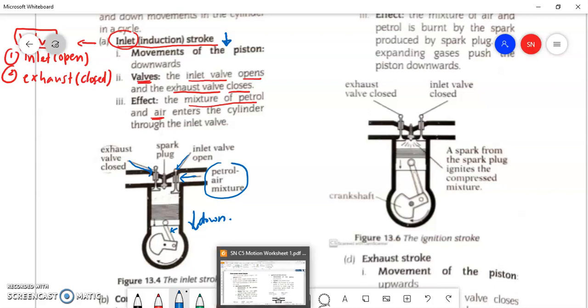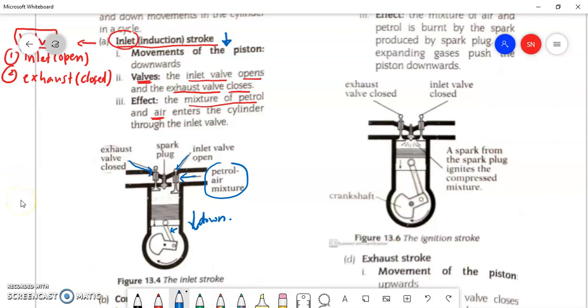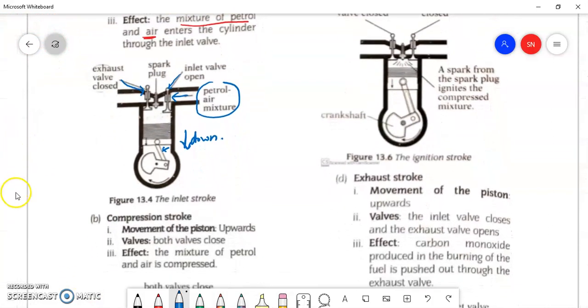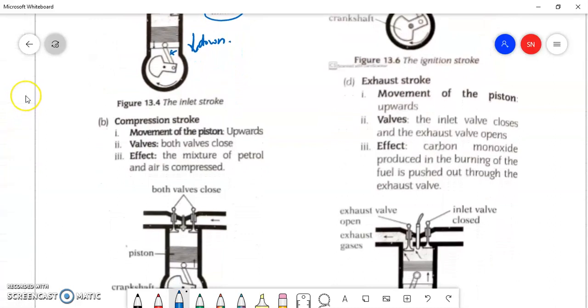Next, I move on. The second stroke is called compression stroke. You have to remember this is all what is happening when an engine is on, let's say a car engine, which is a four stroke petrol engine.